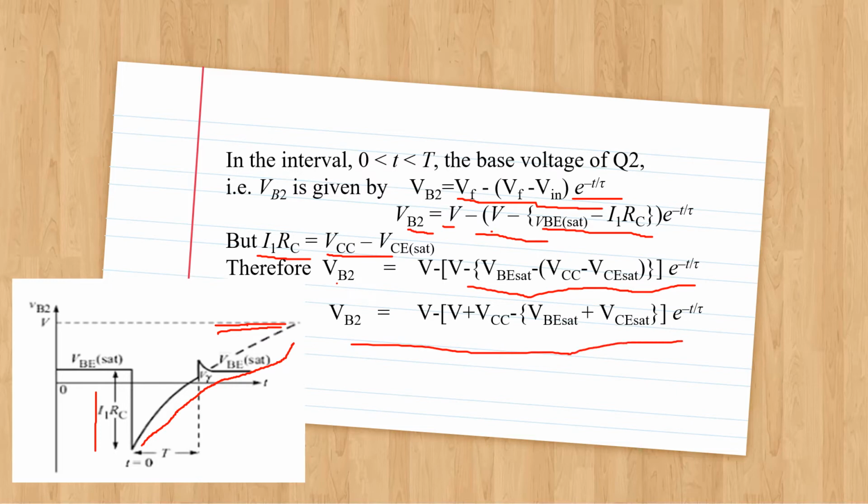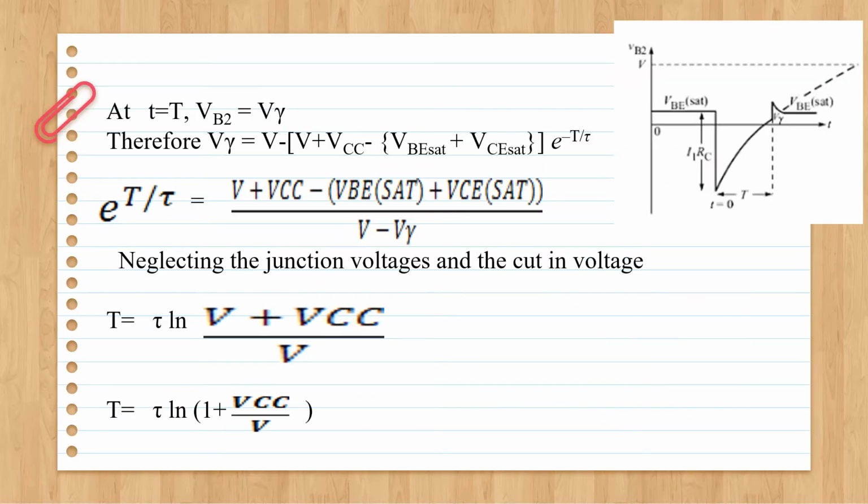This expression you will get for the base potential of the transistor. Then at t equals capital T, at this point VB2 will become V gamma. Substitute this value in the above equation. So VB2 equals V gamma at t equals capital T. So V gamma equals the same expression again, where small t is replaced by capital T.